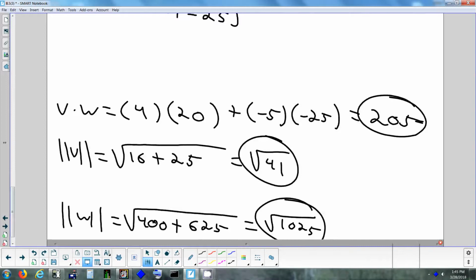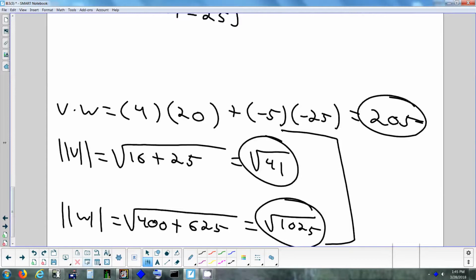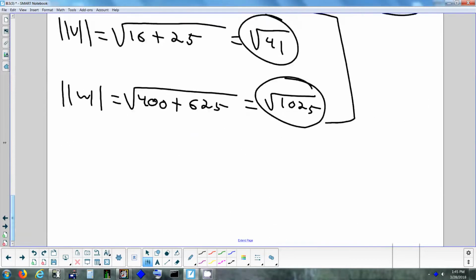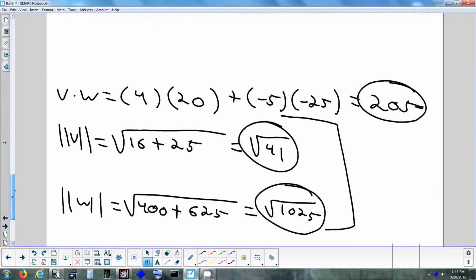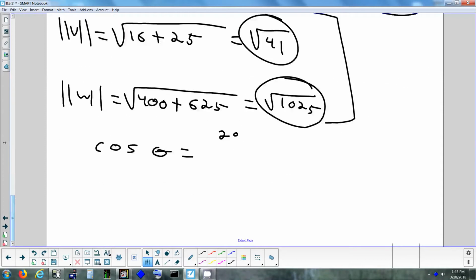Okay, so now we know the two things that are in the bottom. Let's see what it comes out to when we multiply them together. Okay, so at this point, what I'm really finding is this. I've got the dot product, that's 205. I'm going to calculate what this is.